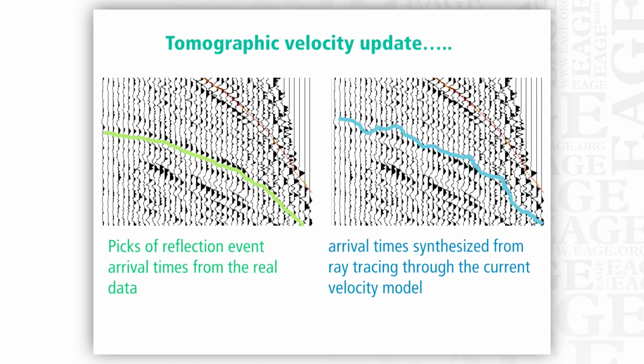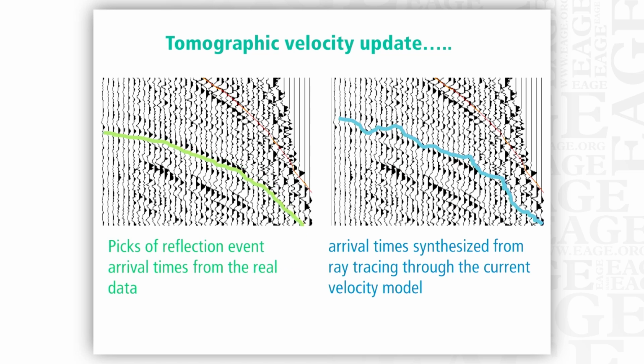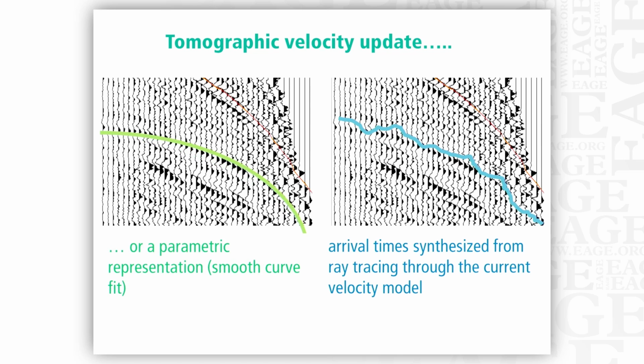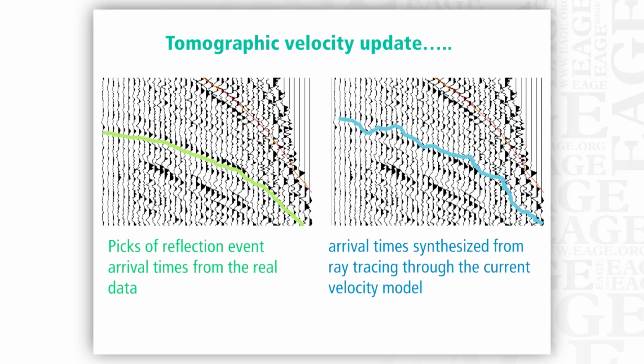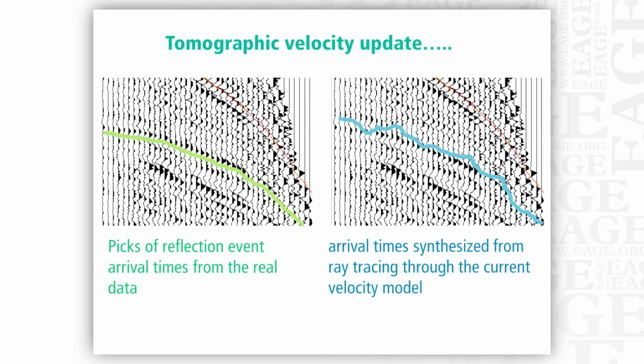But there's another complexity there. Those green picks that we show are not represented by a nice smooth curve. So what you could do is do a best fit curve to those things. And if you do that, you're replacing the real detailed picks with a parametric approximation or representation. And if you feed those numbers into the tomography, it's called a parametric inversion. Conversely, if we live with the raw picks, which have more detail, that's a non-parametric inversion or a generalized move-out picker.